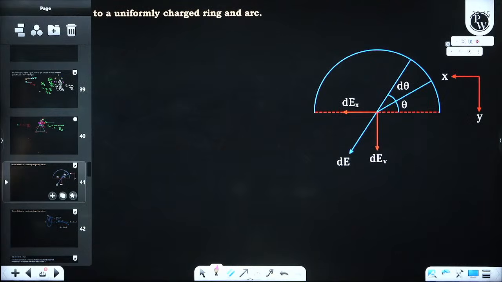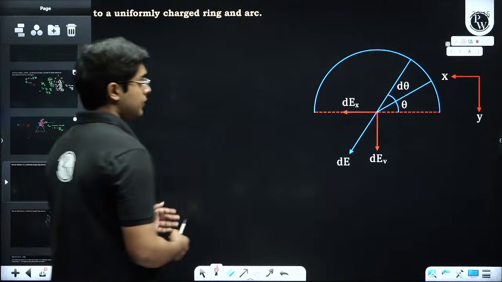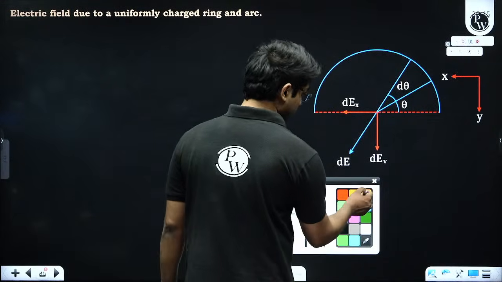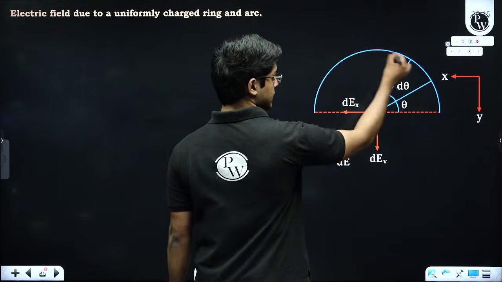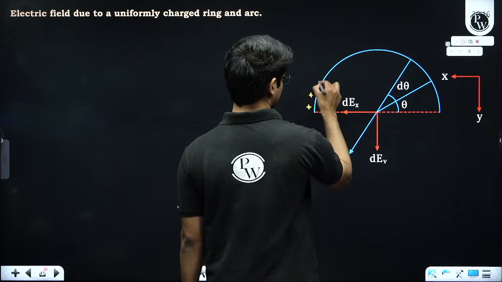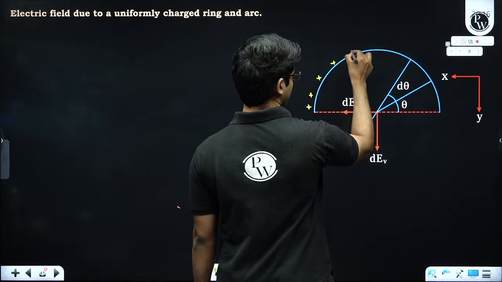So now we'll take a look at some electric field derivations. Okay, so now we will do some integration. So the first charge distribution that we'll be looking at is a semi-ring, a semicircular ring or a semicircular wire carrying uniform charge.